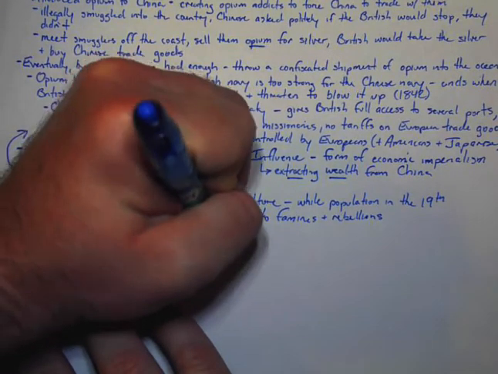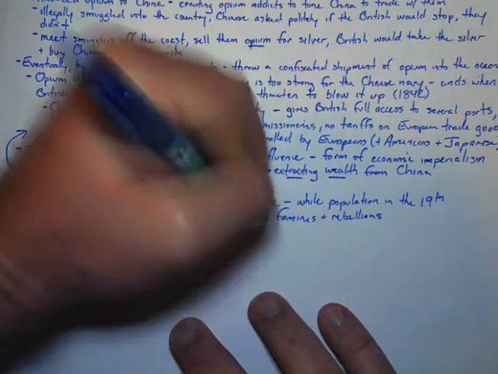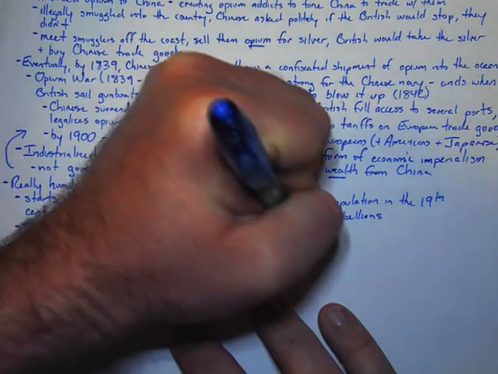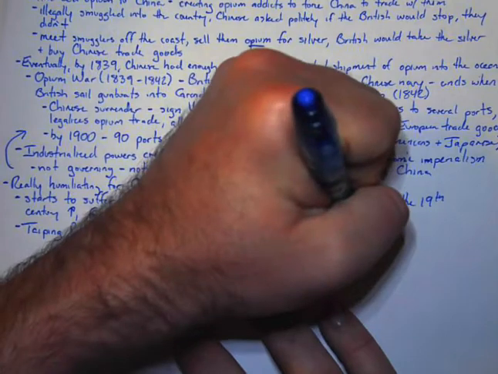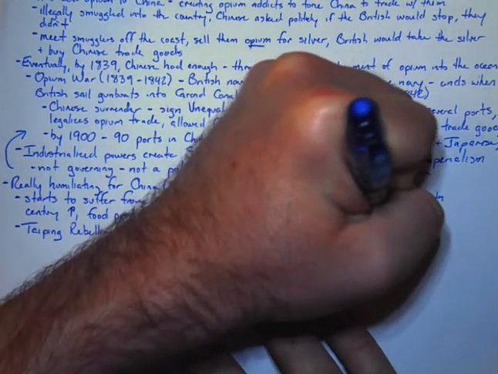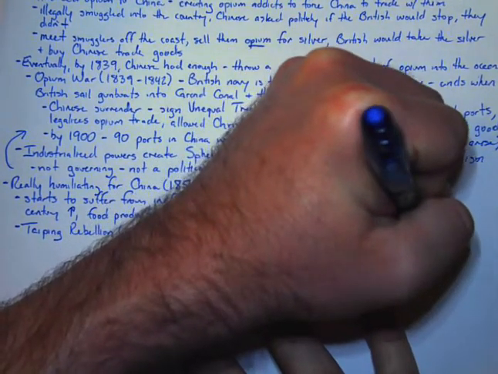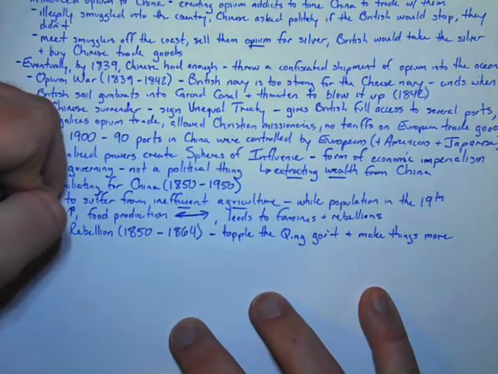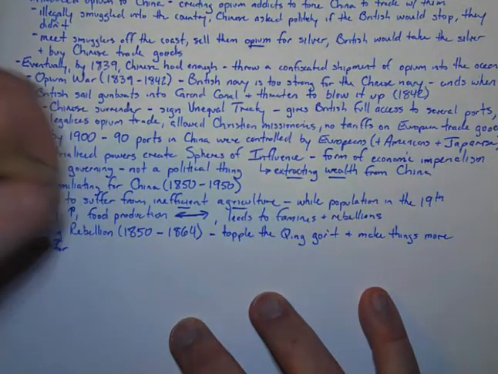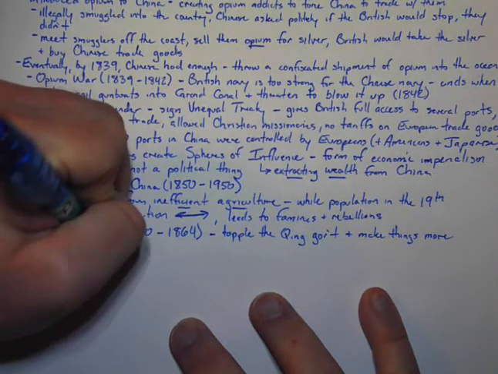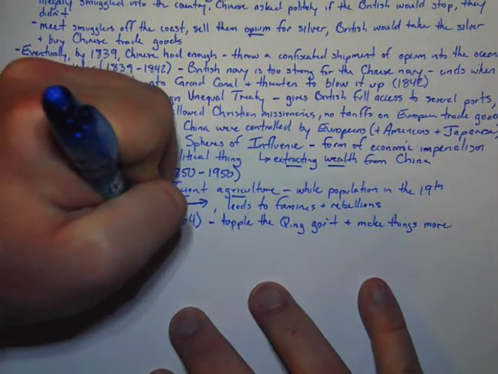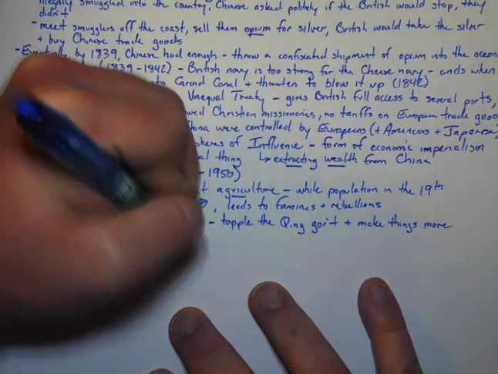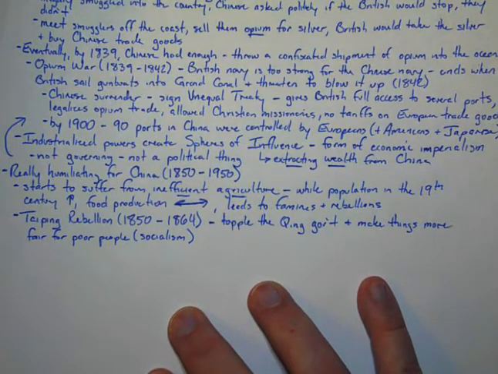And the point of the Taiping Rebellion was to topple the Qing government and make things more fair for the poor people. And so there is kind of an idea of socialism inherent within the Taiping Rebellion.